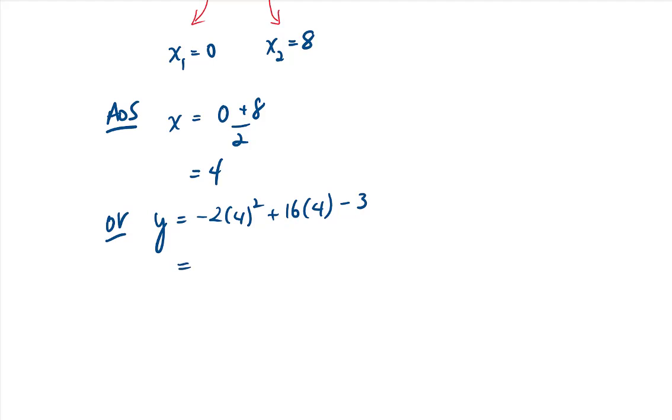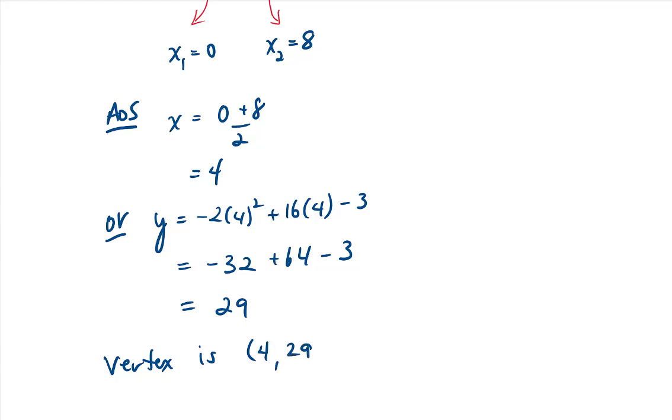And that gives us 4 squared is 16 times -2. That's -32 plus 64 minus 3. And if we add all those terms up, we end up with 29. So therefore, our vertex is (4, 29).